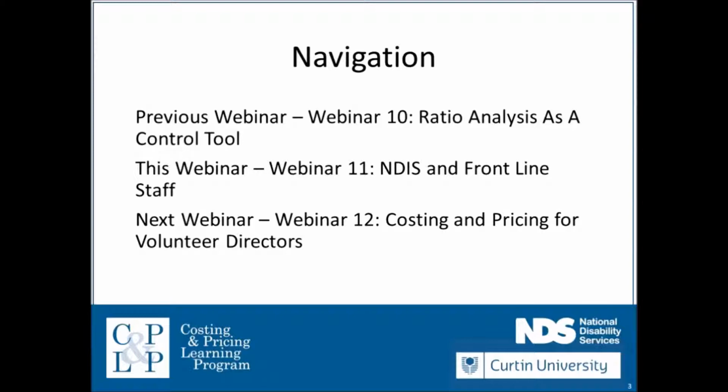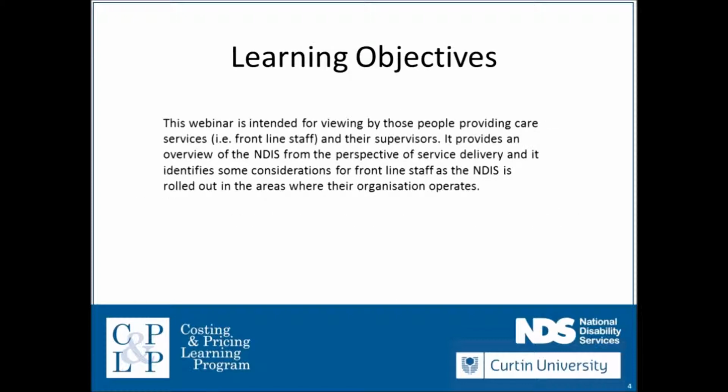This webinar, webinar 11, is NDIS and Frontline Staff. The previous webinar 10 was ratio analysis as a control tool, and webinar 12 will look at costing and pricing for volunteer directors. This webinar, though, is very much focused on the frontline carers and care supervisors within disability service organisations.